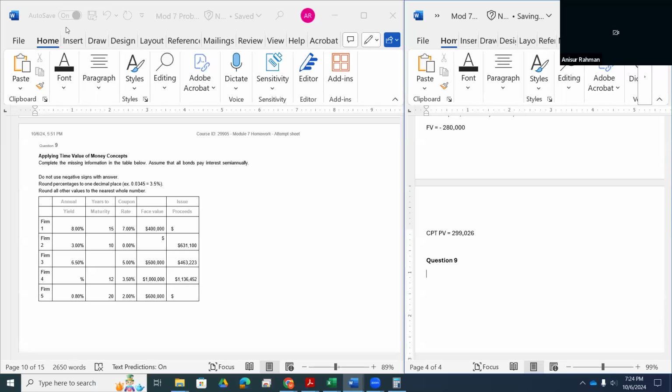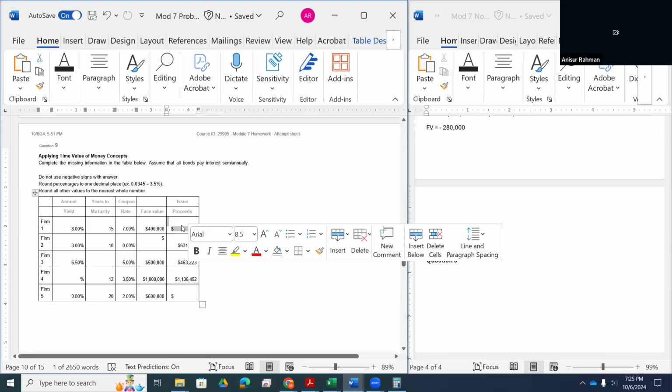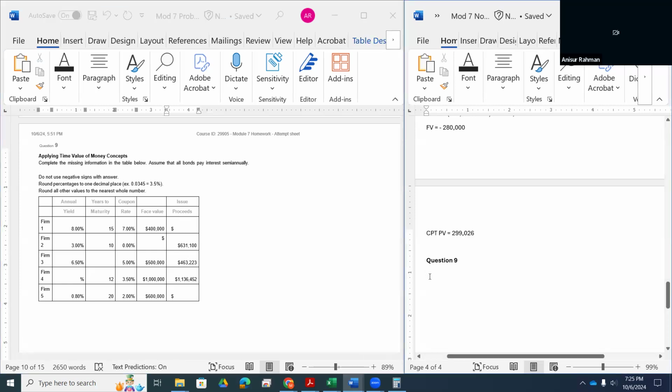So what we have to do, complete the missing information. Do not use negative signs. So for the first form, this is the missing information. So you have to find out the present value. So our N is years to maturity, 15 years. And this is annual yield. So N is equal to 15.